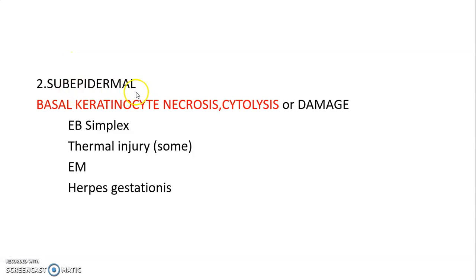The subepidermal blisters are seen in epidermolysis bullosa simplex, thermal injury, erythema multiforme, and herpes gestationis, if the basal keratinocyte necrosis or cytolysis is the cause. Blister is formed due to keratinocyte cytolysis.